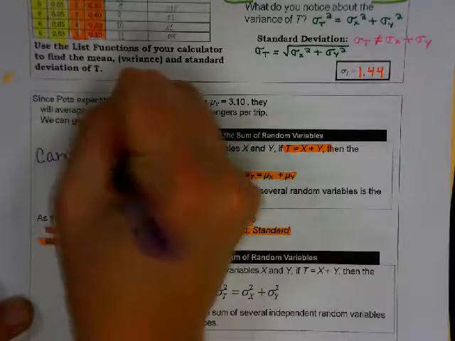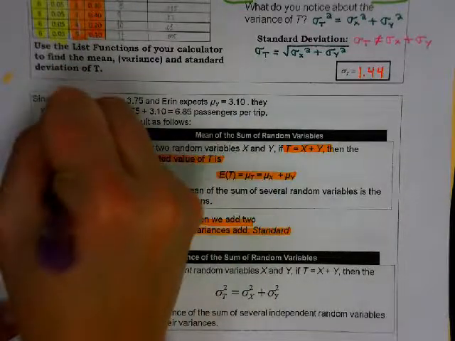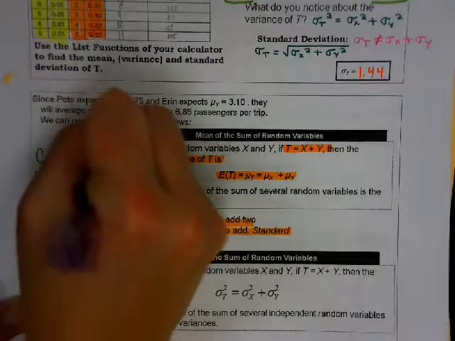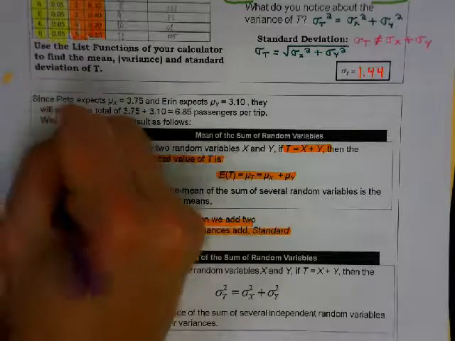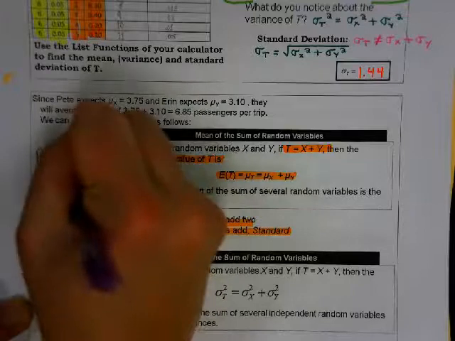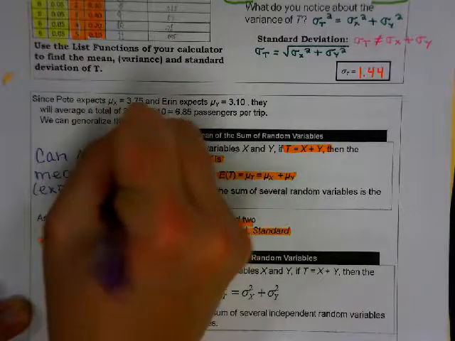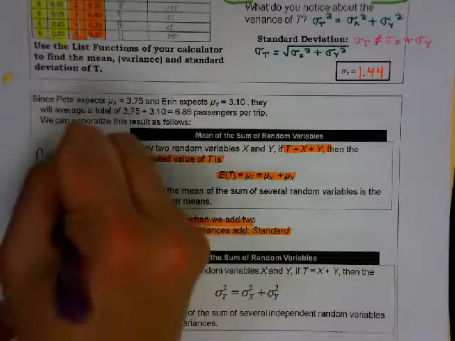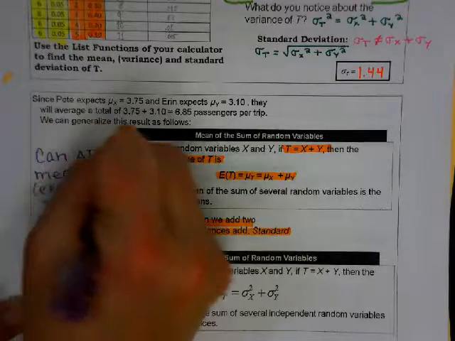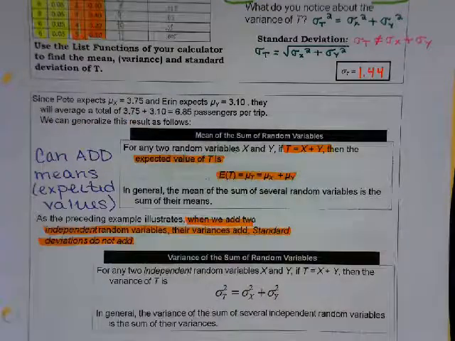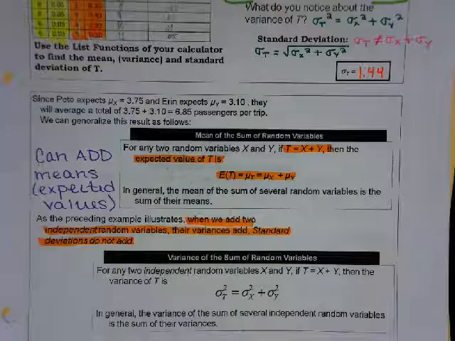And I guess I should say expected values. If I ask you to find the standard deviation of two random variables added together, you have to find their variances, so square their standard deviations, add them together, and then square root. So there's a few more steps.